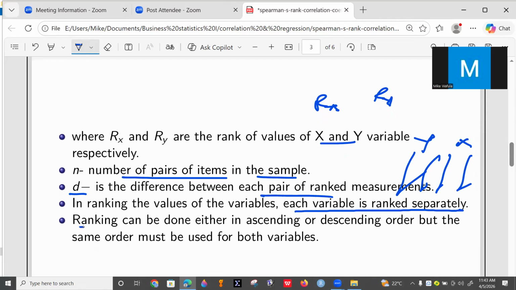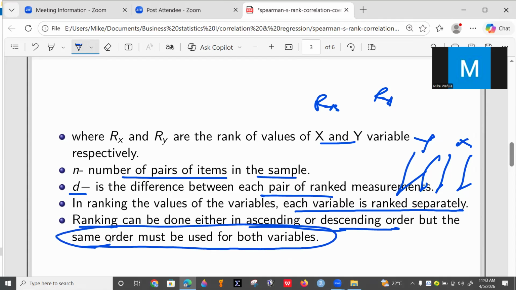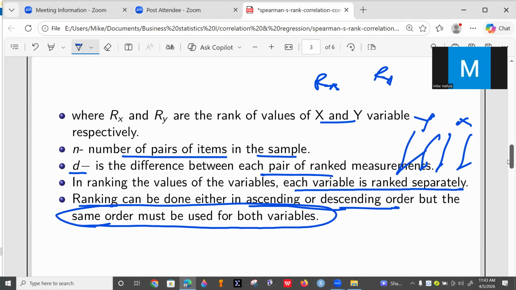Ranking can be done either in ascending or descending order, but the same order must be used for both variables. You rank Y in ascending order, you rank X also in ascending order. If you have ranked Y in descending order, then X also must be ranked in descending order. You don't interchange. That is very important for us to note.